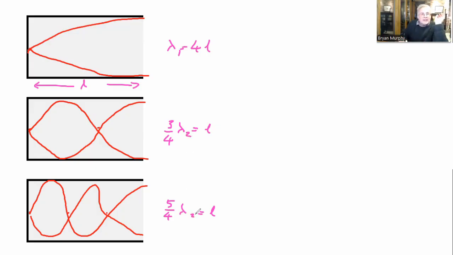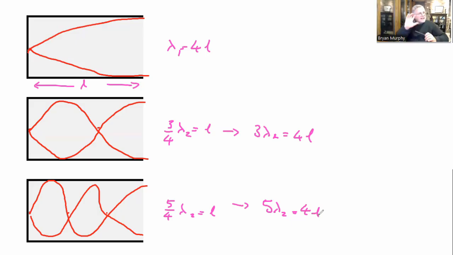Obviously, the wavelength is changing. So I can change that to say 3 lambda 2 equals 4L. This one I can say 5 lambda 3 equals 4L. So we are getting a pattern.